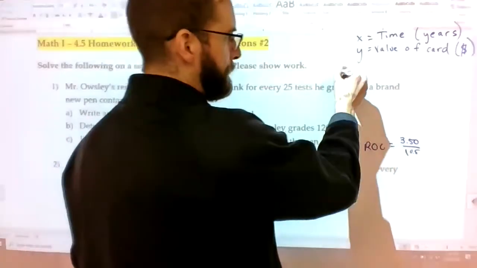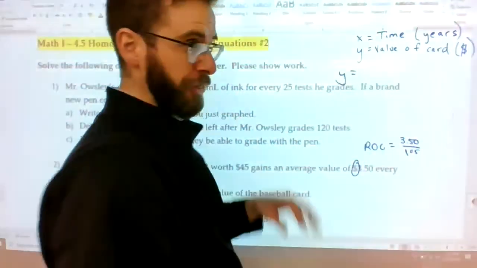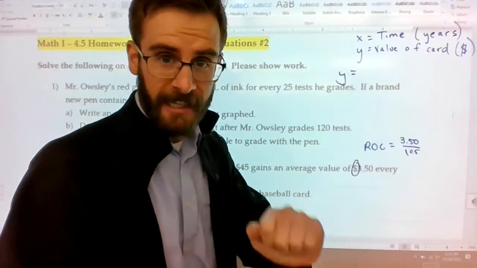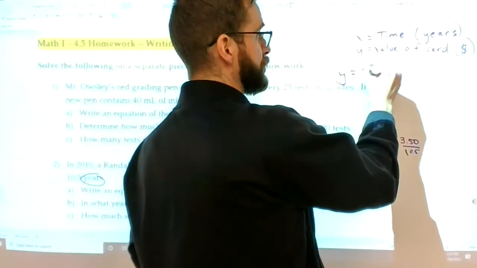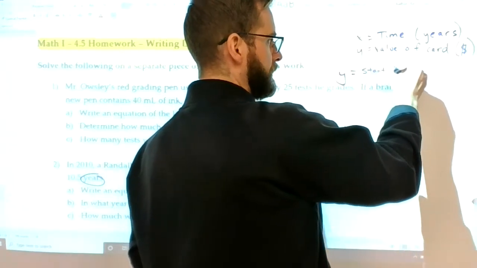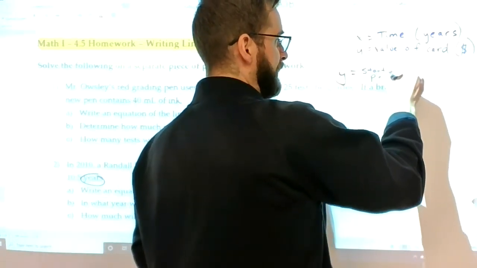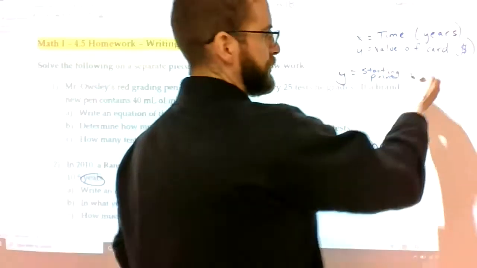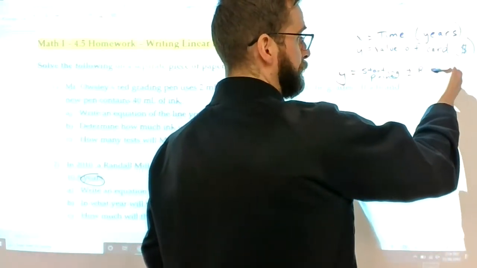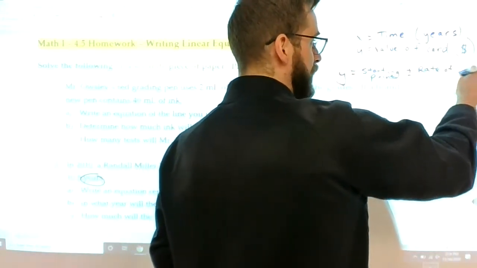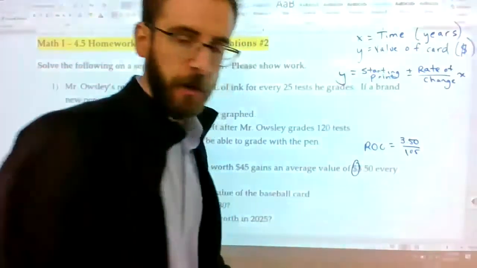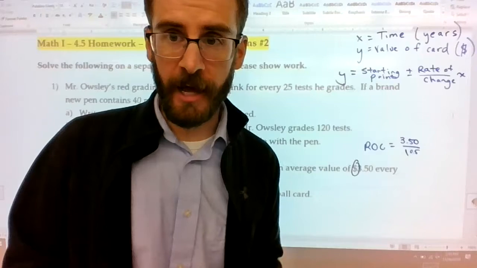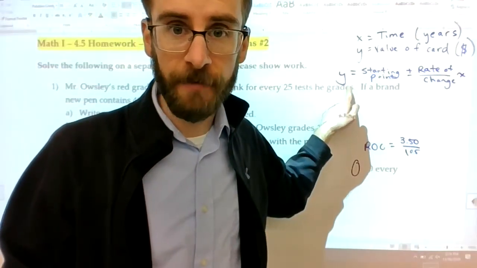Now, keep in mind that this is the third time we've talked about writing linear equations and what it looks like. It's still the starting value or the starting point. And then based on increase versus decrease, we're going to add or subtract the fraction rate of change times x. So if you're still baffled about how to write equations of lines, this is the model we're using every time.